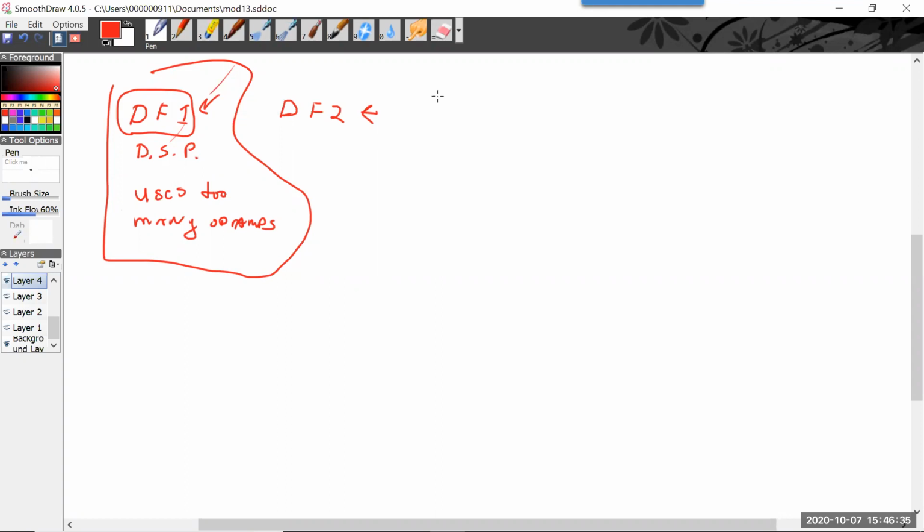And DF2, even though it acts on the transfer function, a better search term would be state space filter. And you can independently tune any parameter you like, and you can make it any order you like.